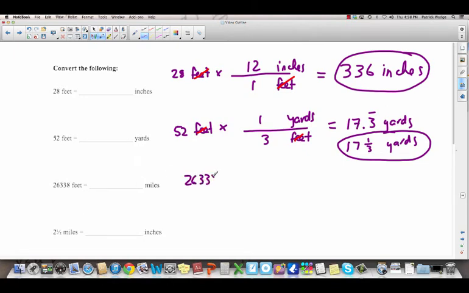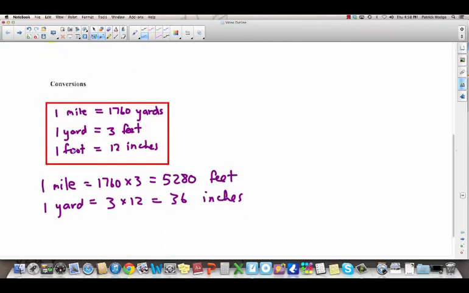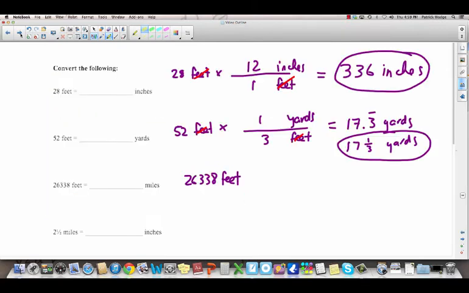26,338 feet. We want to switch it into miles. So if you only knew the box, you'd have to do it in 2 steps. You'd first of all have to switch feet to yards, and then you'd have to switch yards to miles. However, if you know this, and you do know it because I will give it to you, you could just use this right here. 1 mile is 5,280 feet.